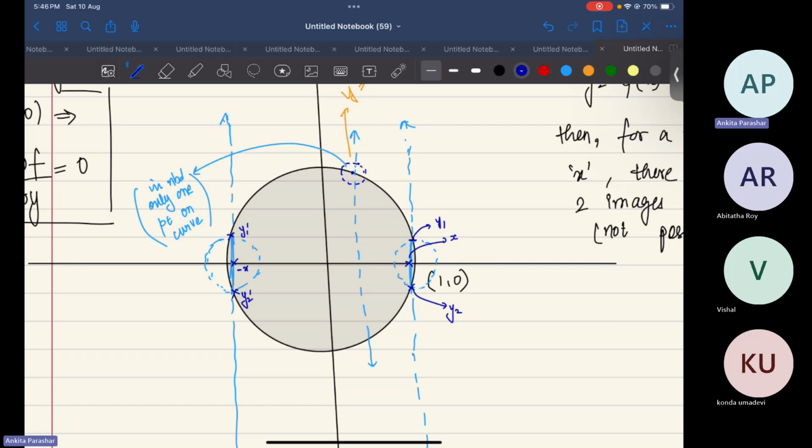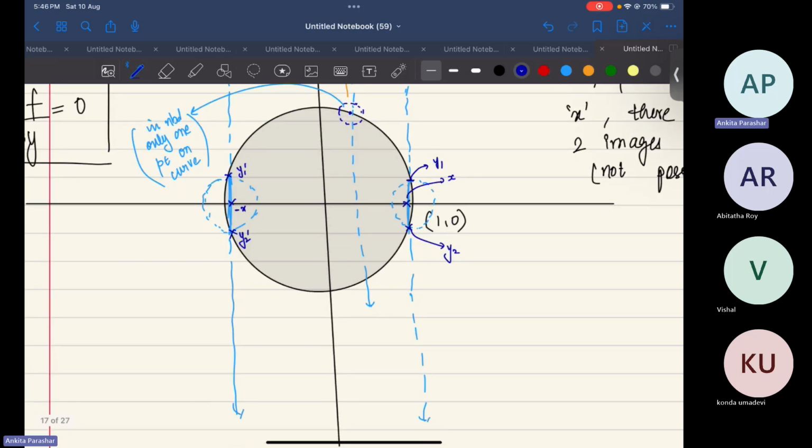I have taken a neighborhood of this, and suppose in that neighborhood of this, y is written as a function of x. Suppose this is the case. Then given one x, you should be able to get one y, right? But what is happening is here you are not getting 1 point, you are getting 2 points.